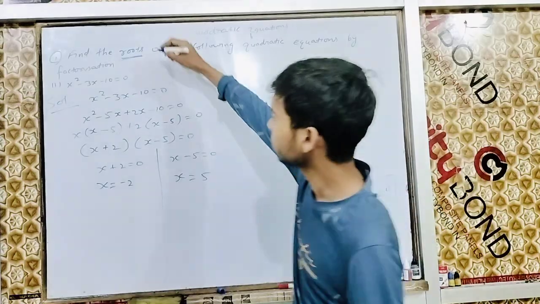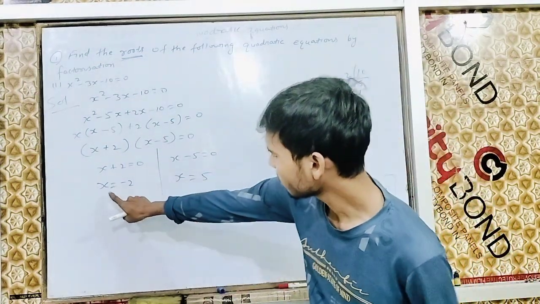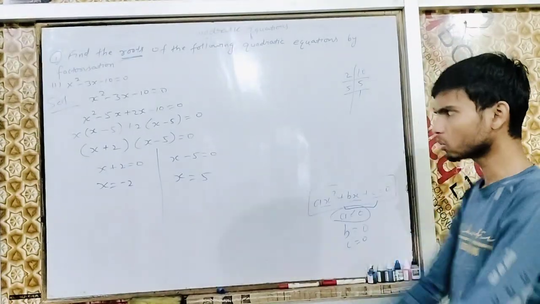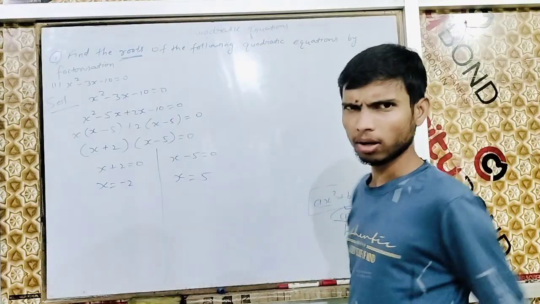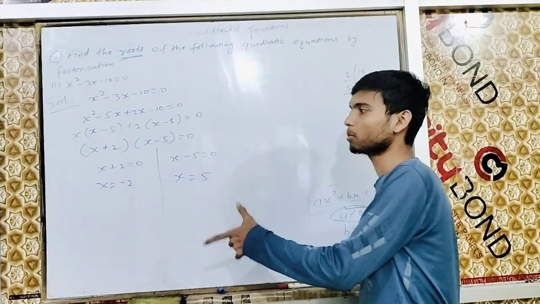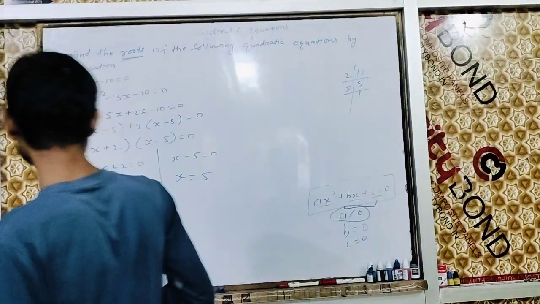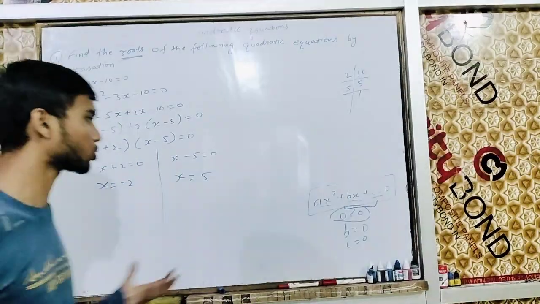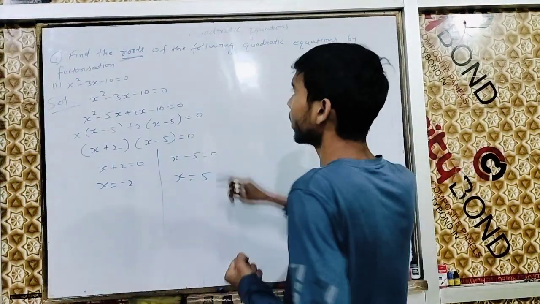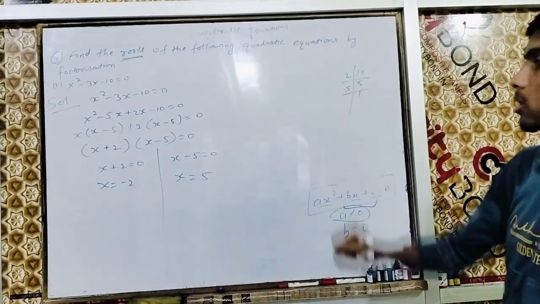Now I want to explain the meaning of a root. Here you can see the variable is the same, there is one x, but the output of one input is coming 2 times. One is minus 2 and one is 5. These two outputs of one input will be the roots. That is the meaning of a root. Clear?